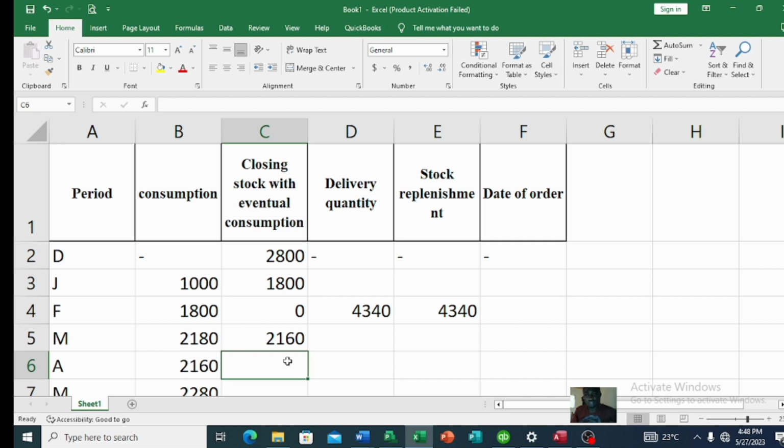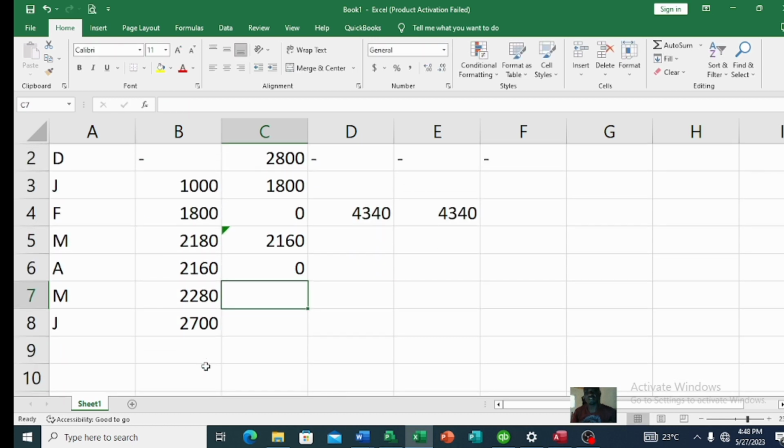Now the consumption for the month of April is 2,160. What is left in our stock is this, so equal to this, take away this. You see, guys, it has given us 0. Meaning the way this method works, after every 2 months you must have 0 because it's constant period.